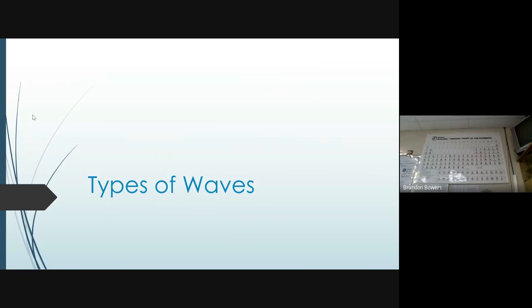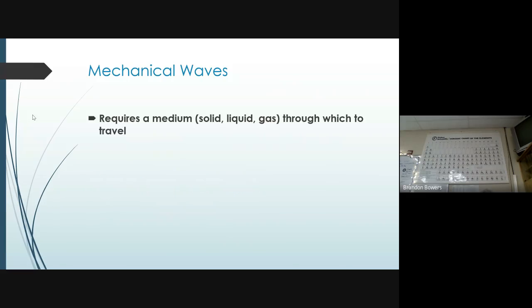Types of waves. Type number one is mechanical. Mechanical waves require a medium. What is the medium again?